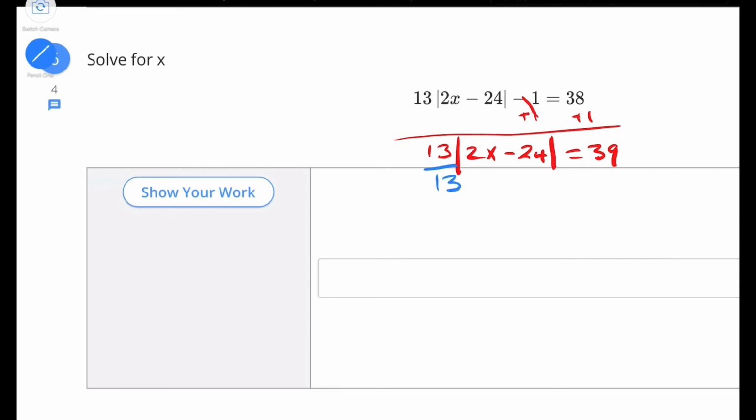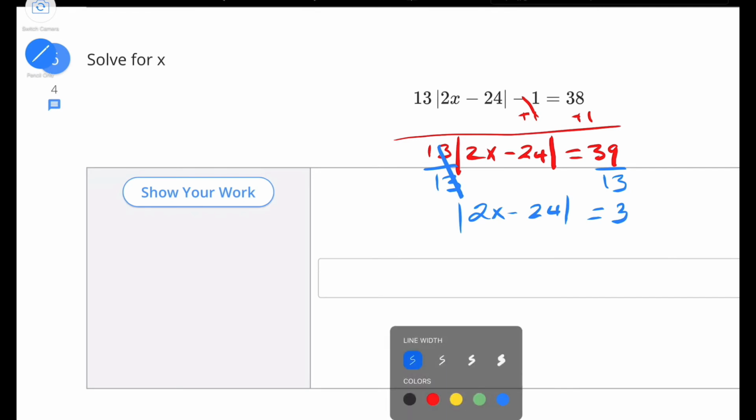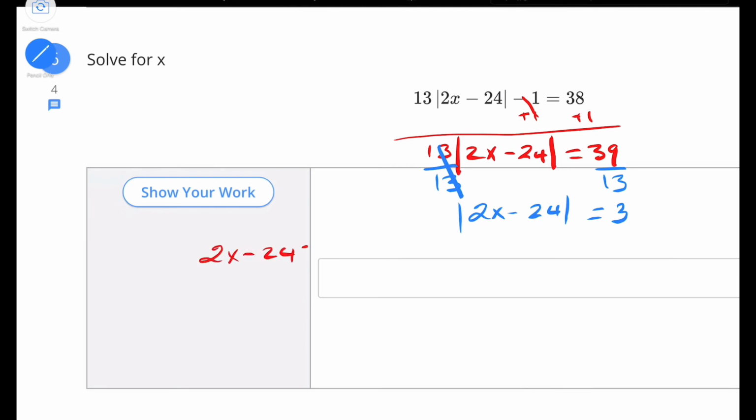Then we divide by 13 to both sides. Then we're going to make our two equations. So 2x minus 24 equals 3 and 2x minus 24 equals negative 3.